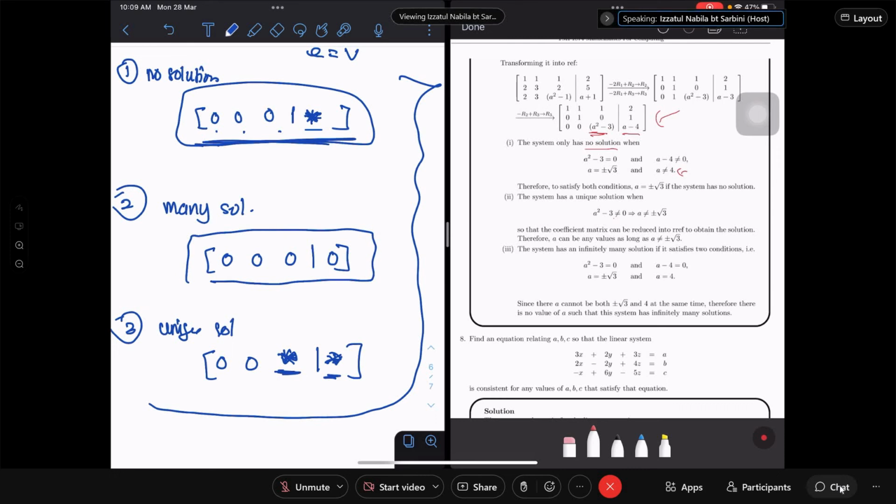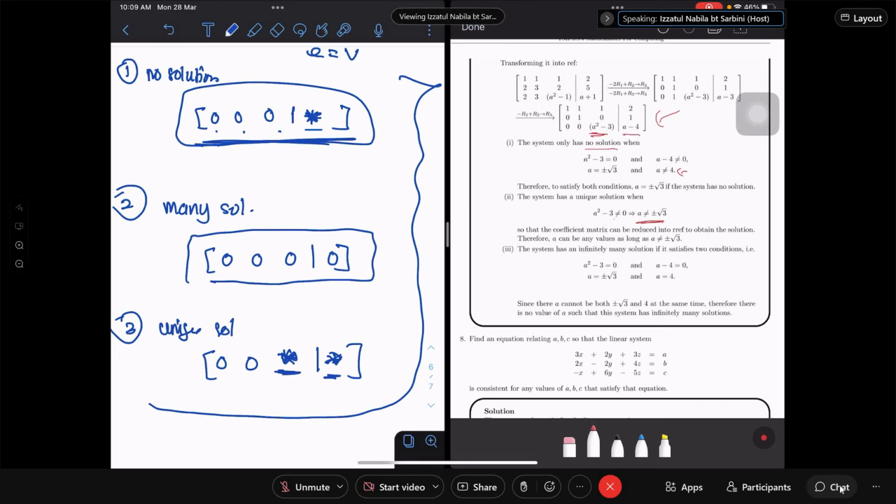So since it is not equal to plus minus root 3, we just choose this. So the condition for a is that as long as it does not equal plus minus root 3, then it will give you a unique solution. Okay, because earlier if it equals plus minus root 3, it gives you no solution, right? For a unique solution, as long as a does not equal plus minus root 3.